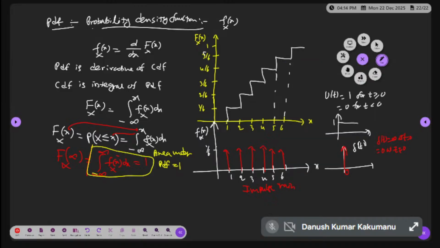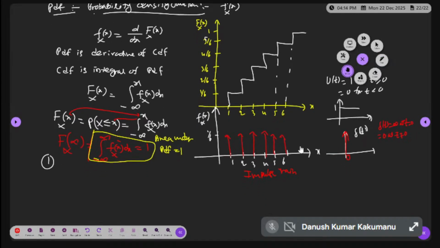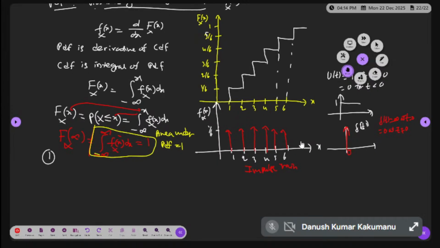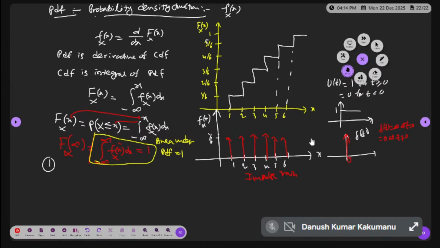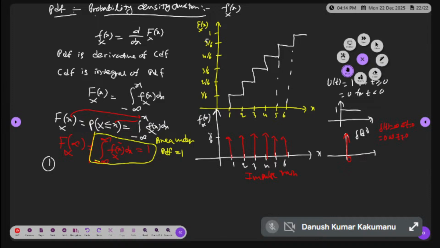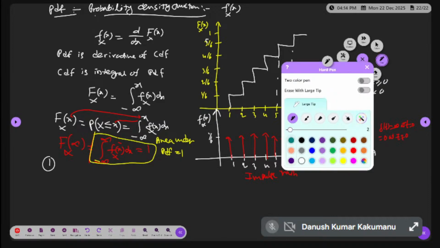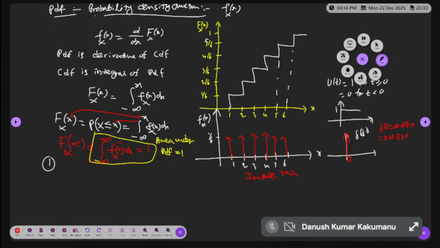You see, the PDF is the derivative of the CDF.